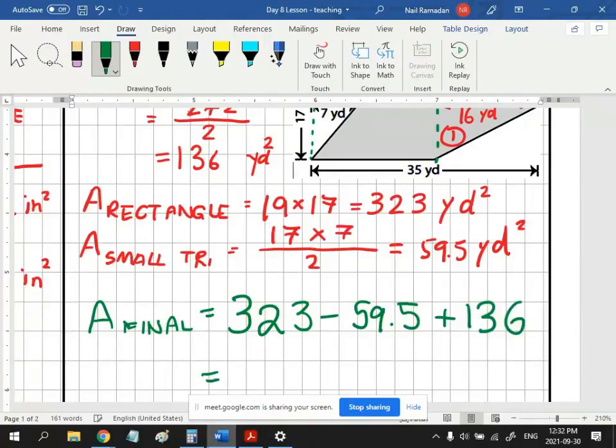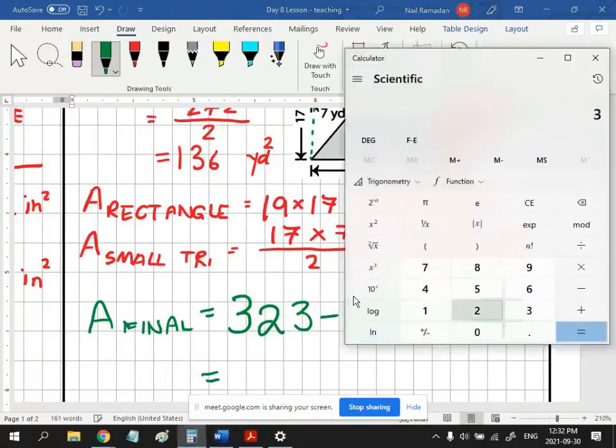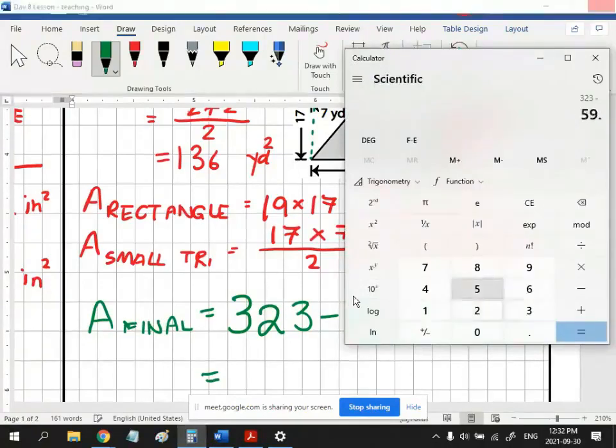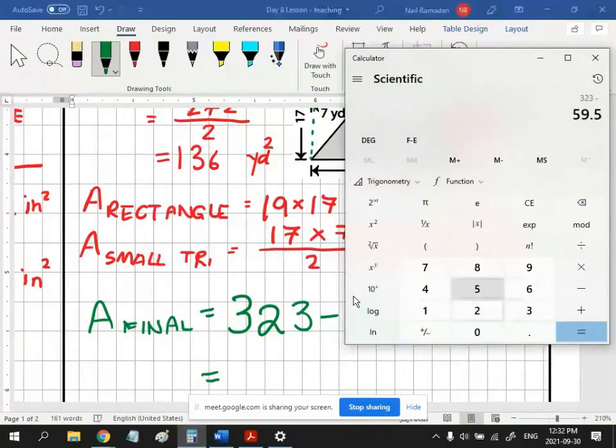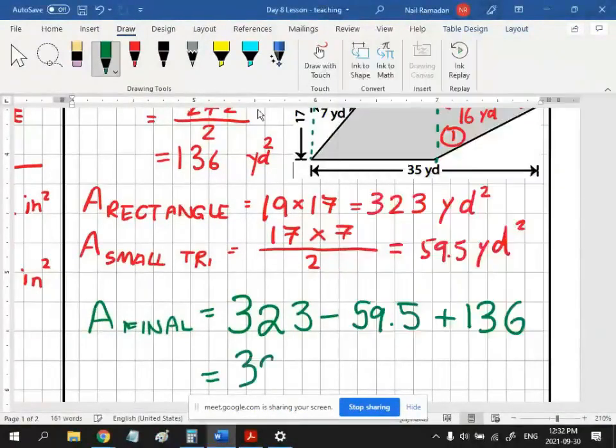Well, 323 subtract 59 and a half, plus 136. 399 point, how do we get that? 399.5.